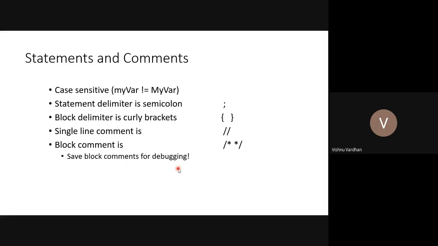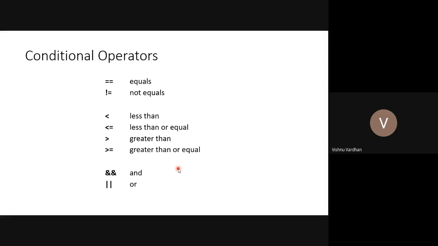And I am supposing that everybody at least knows the concepts of C++ or Java. Then conditional operators. Yes, you can see and understand. This is also the same. Double equals, where we check for equality. Not equals, less than, greater than or equal to, less than or equal to, then ampersand, that is for and, pipe operator, that is for or.